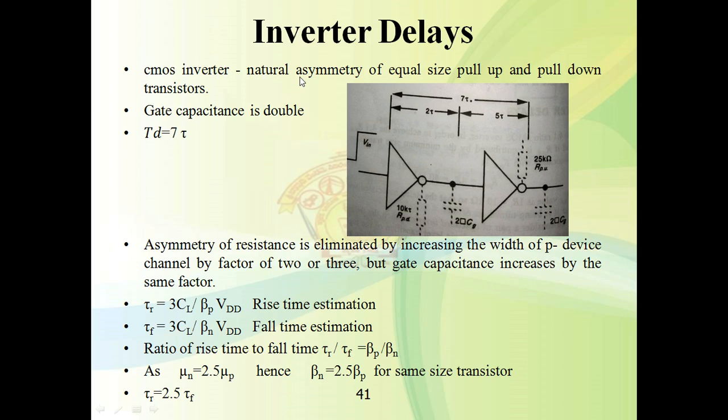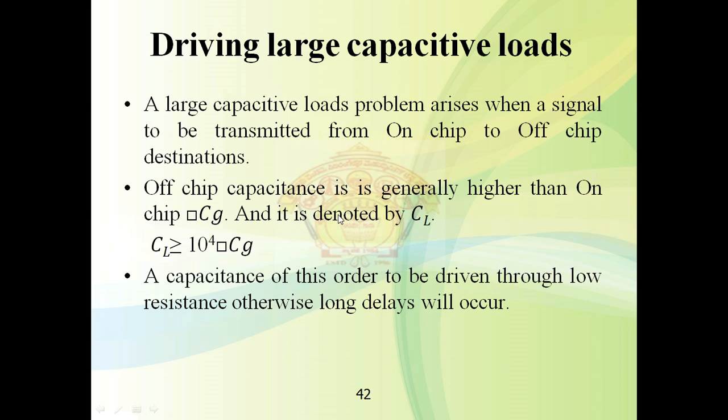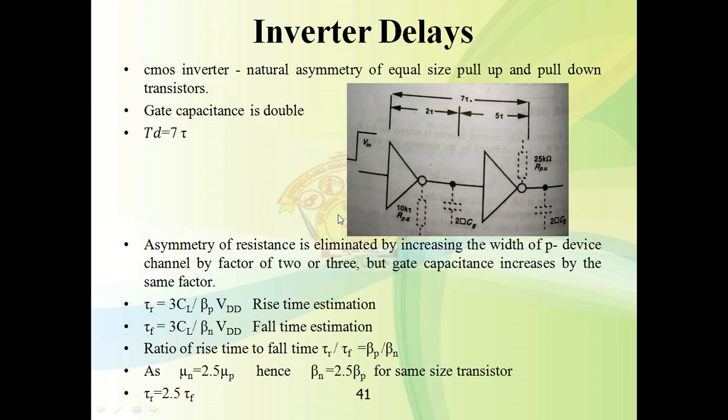CMOS inverter has a natural asymmetry of equal size pull up and pull down transistors. What is meant by natural asymmetry for equal size pull up and pull down transistors? In a CMOS inverter, there is a p-type transistor and an n-type transistor.